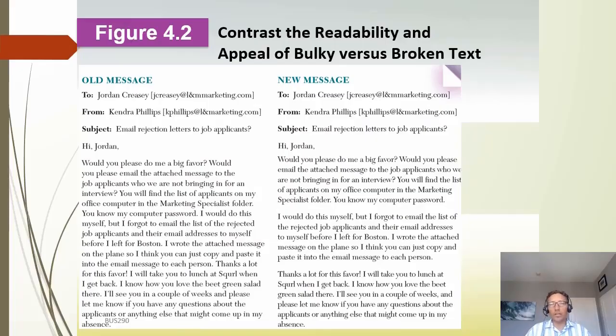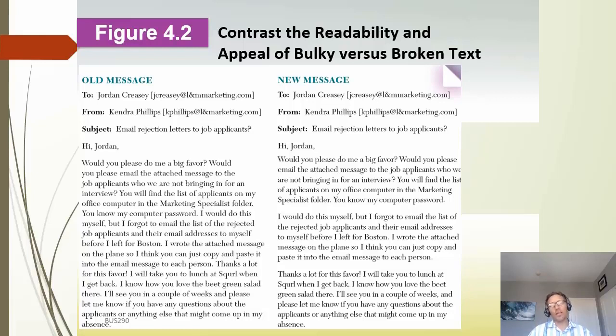Take a moment and look at these 2 examples. So on the left is a memo, and you can see that there's a request here, and the information is all in one big single paragraph chunk. And compare that to the message on the right where it's broken into 3 paragraphs.